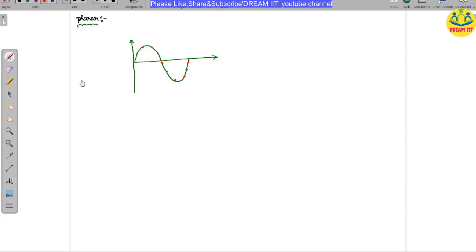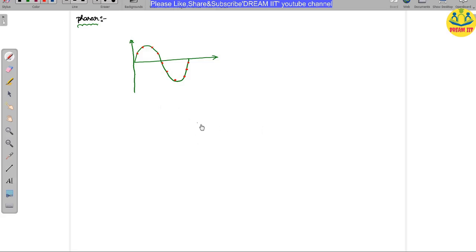A phasor is the length of a vector actually. We define the phasor as the length of a vector which is rotating.